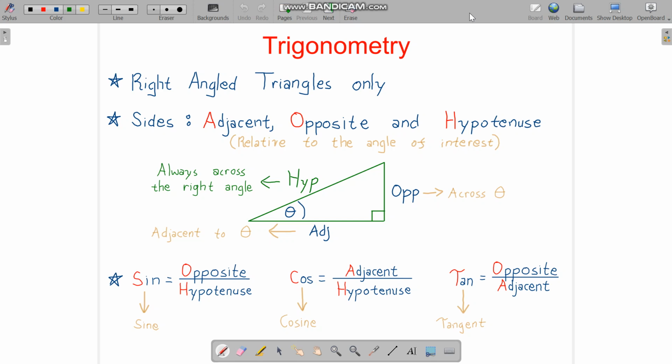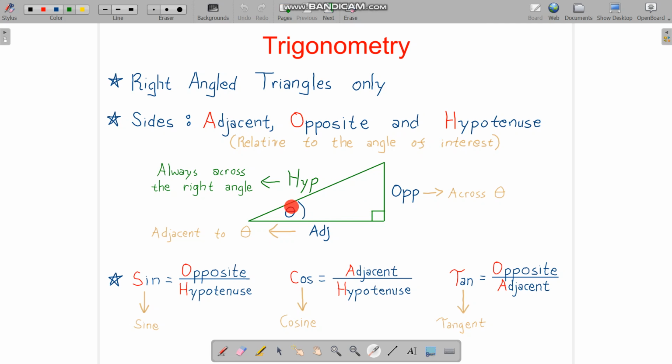If we have a right angled triangle like this, we can label the longest side the hypotenuse, which is across the right angle.